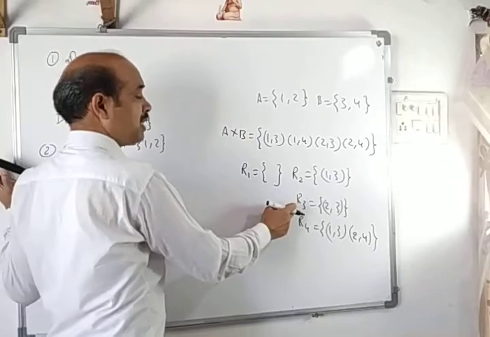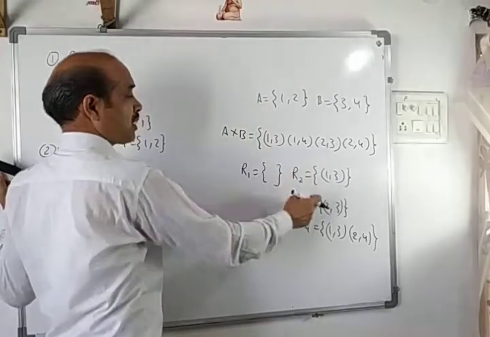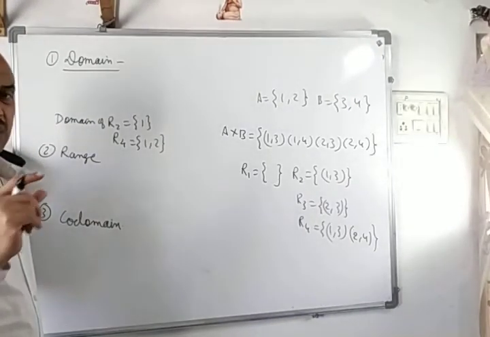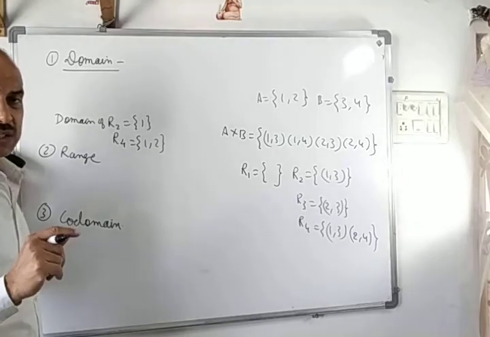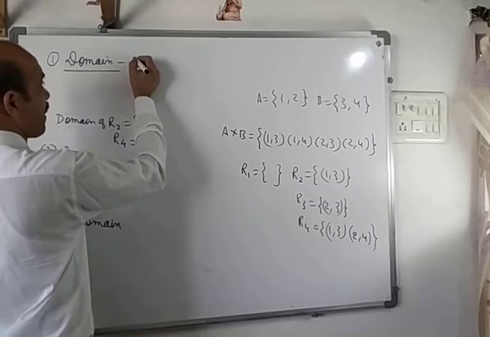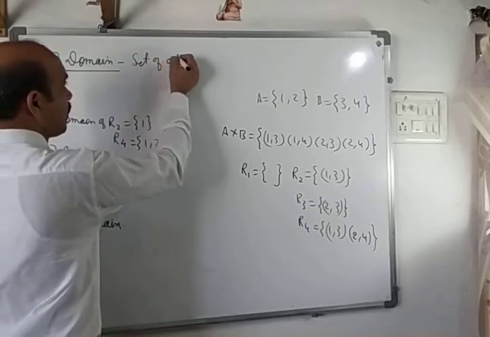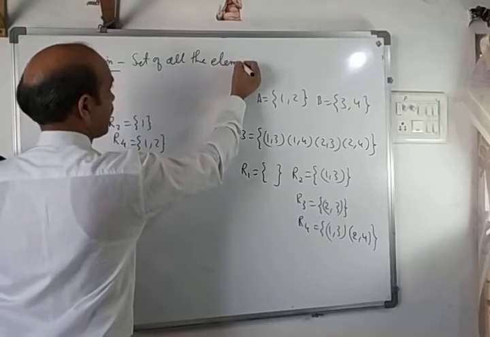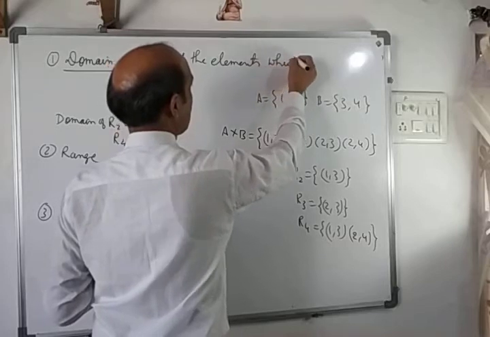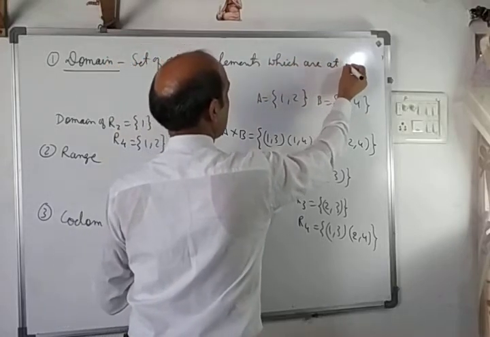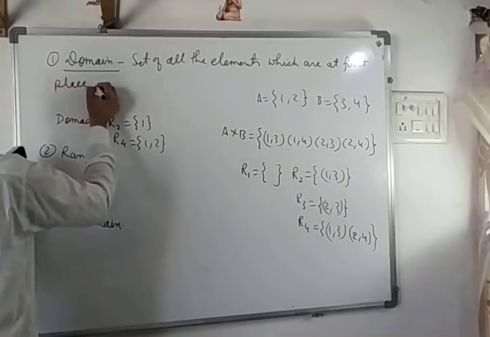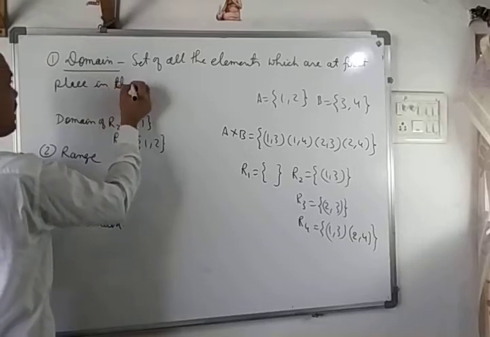If you talk about R3, only 2 will come, so it is a subset of A. So we can say in a relation, the domain is the set of all the elements at the first place in the ordered pair.